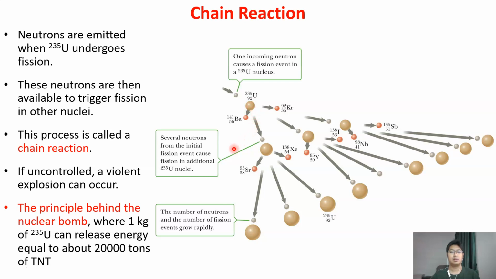Several neutrons from the initial fission event cause fission in additional uranium-235 nuclei, and the number of neutrons and the number of fission events grow rapidly. This is the chain reaction. It is the principle behind the nuclear bomb, where 1 kilogram of uranium-235 can release energy equal to 2,000 tons of TNT, the material to make a bomb.